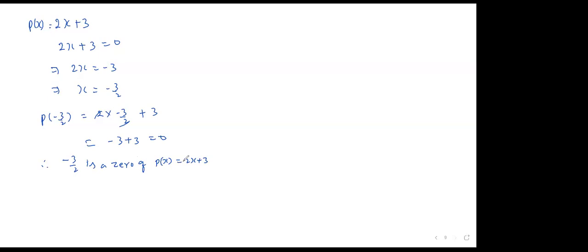Do you understand? The value of the variable which makes the whole polynomial 0 is called the zero of the polynomial.